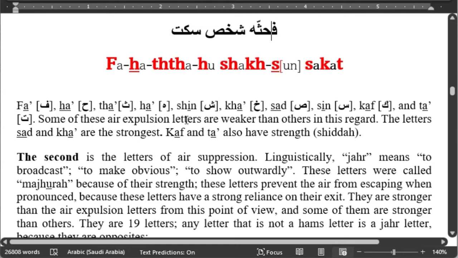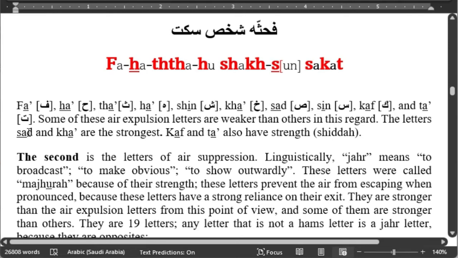Some of these air expulsion letters are weaker than others in this regard. The letters Sad and Kha are the strongest. Kaf and Ta also have strength.